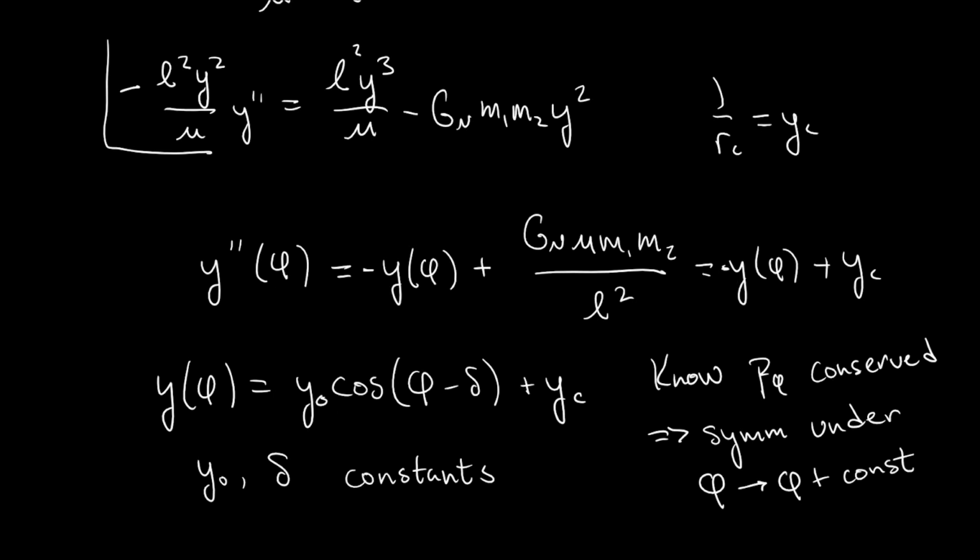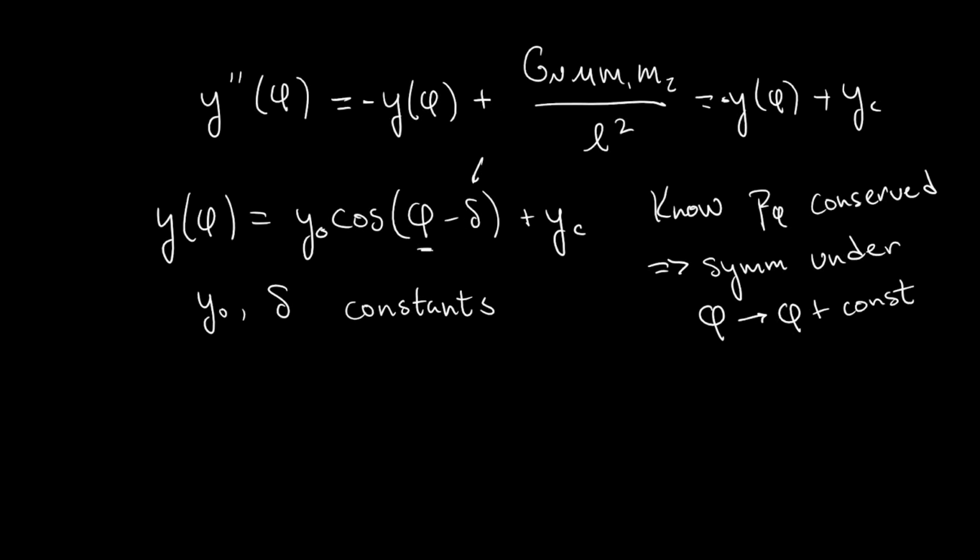So I can just shift phi to phi plus delta so that this delta term drops out and never actually need to consider it. This is just rotating our system, and the dynamics isn't going to change when we do that.